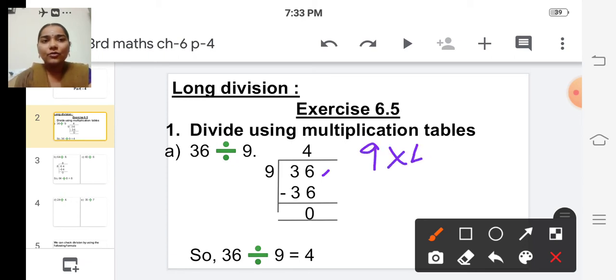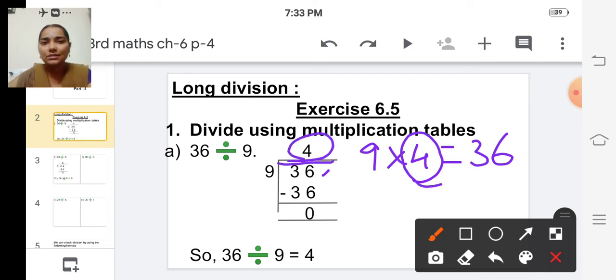So, you have to write this 4 on the top. That means it is the quotient. And this 36 you have to write below the dividend and subtract it from the dividend.